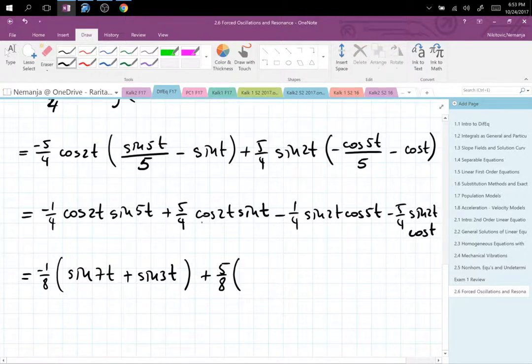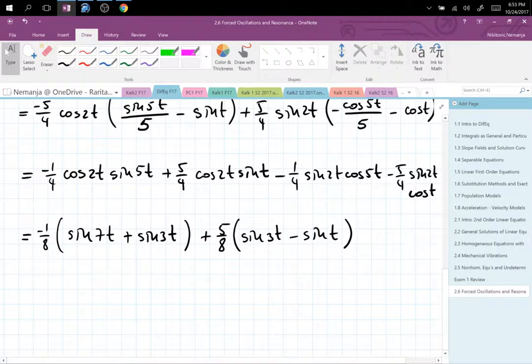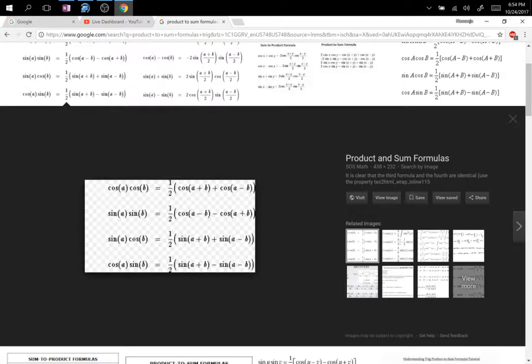And now we have cosine sine, which is the same thing. So it's addition and then the difference: sine of 3t, and the difference is minus sine of t. Now the next term, minus 1/8 sine cosine: sine of addition plus sine of difference.